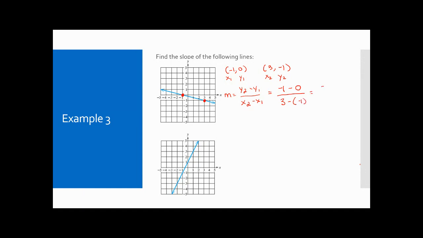So -1 minus 0 is -1. 3 minus -1 is the same as 3 plus 1, so that gives us 4. So we get -1/4 for our slope. And we should get a negative because it's going down. So that's a way to check whether you did it right. If it's going down, it should be negative.